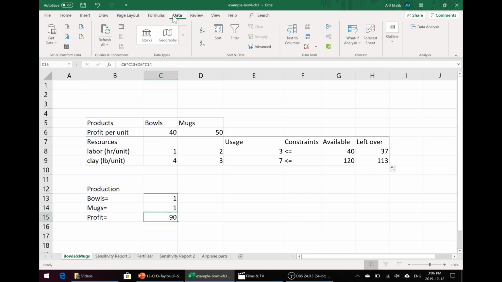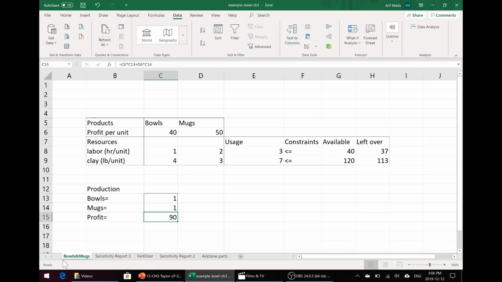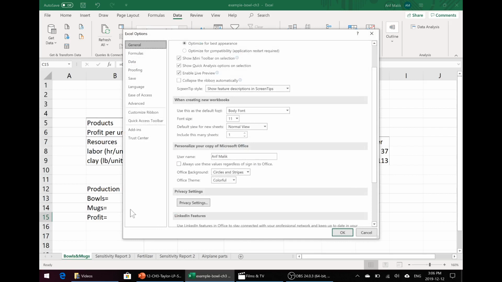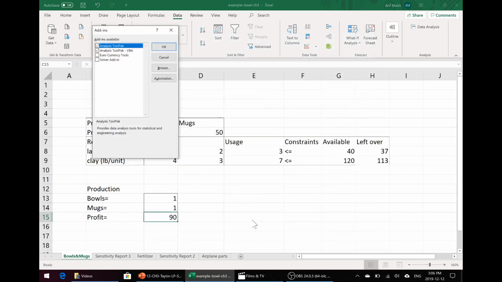We go to the Data tab. Already we are in the Data tab, and we see that in the analysis we don't have Solver. So we go to File, then Options, and in Options we go to Add-ins, and there we have Excel Add-ins. We say Go, and here we have the Solver add-in.